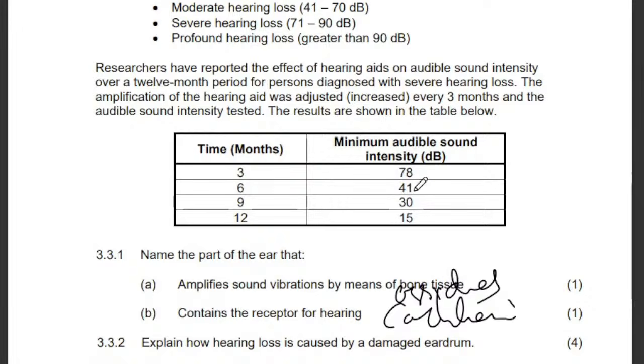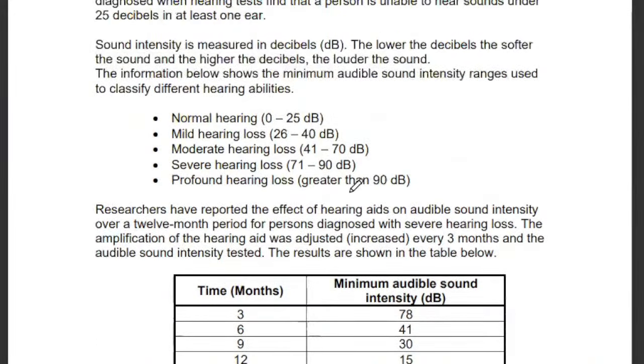At 6, it stops on 48, 41. At 9, it stops on 30. At 12 months, it kept on improving, and the person is able to hear even at 15 decibels. You see?